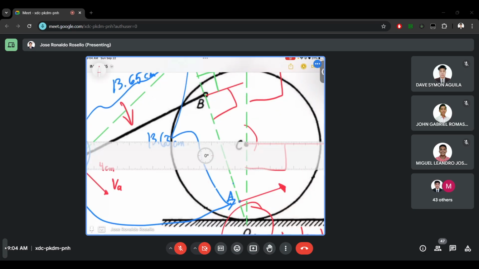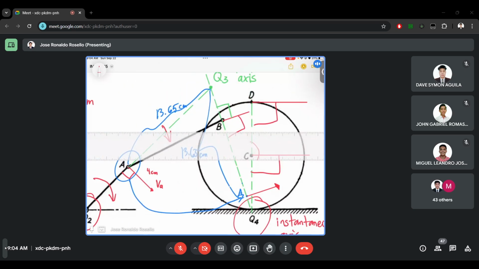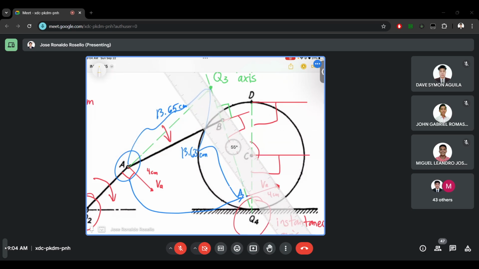Then this is velocity A. This is 4 centimeters also, just like the vector on the original placement. Then we'll make a proportionality line from the instantaneous axis going to velocity A.